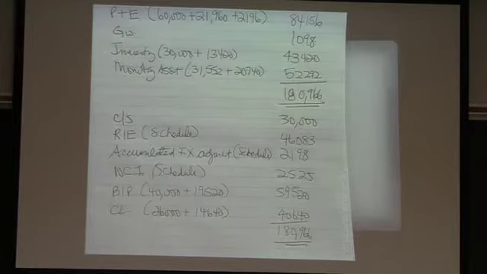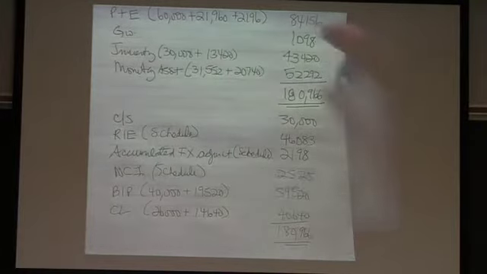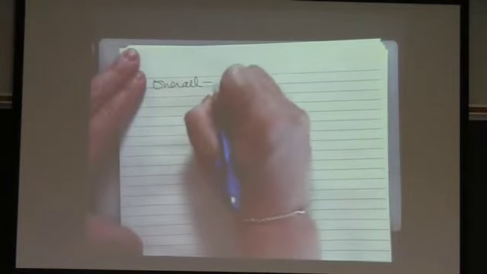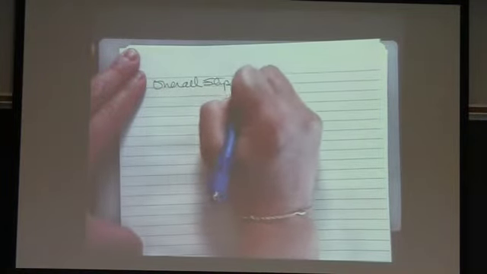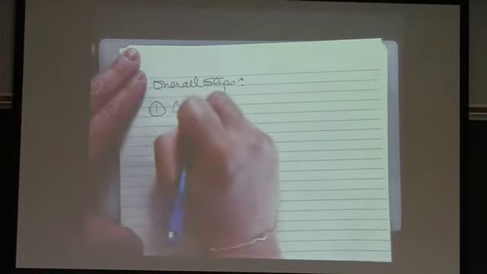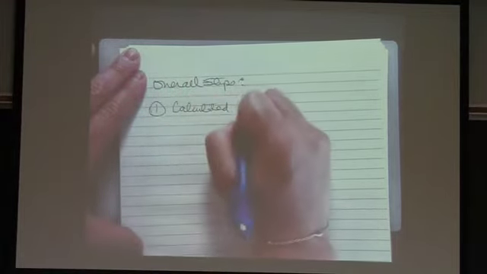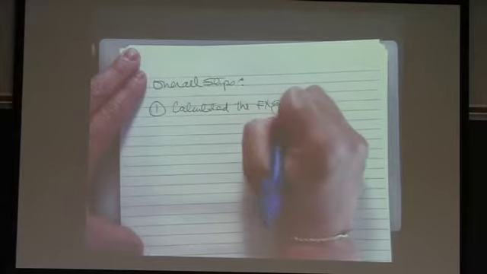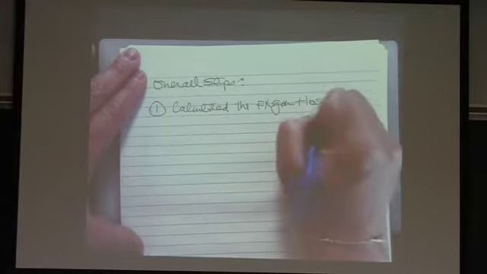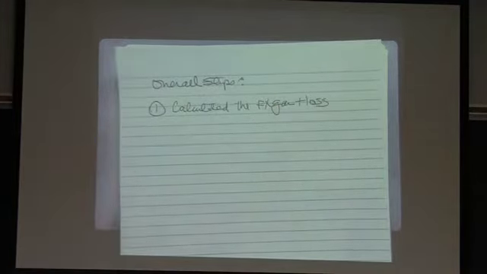Okay? Now, one last thing before we finish this question. What was the main process? This is kind of an overall, what did we do? The overall steps. First, we calculated the FX gain or loss.